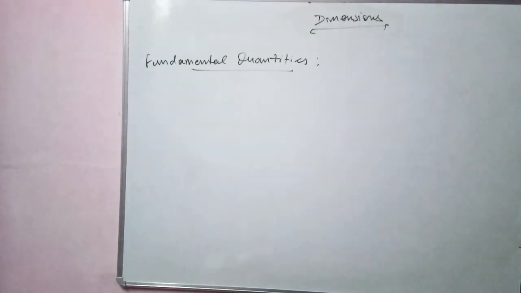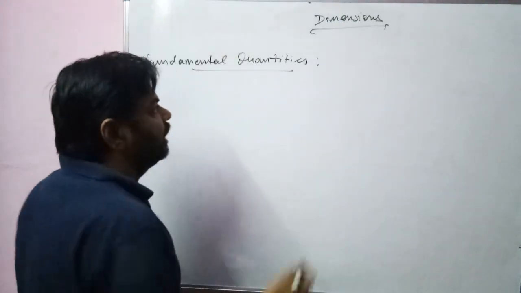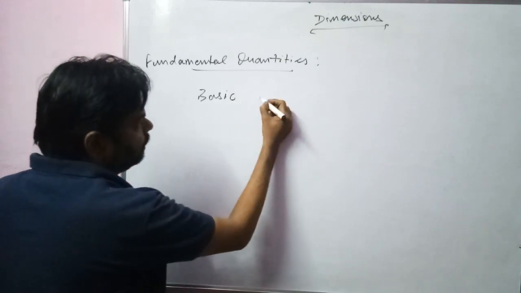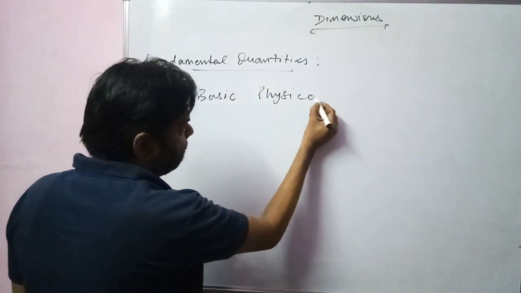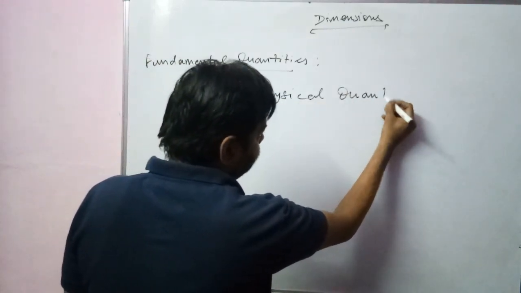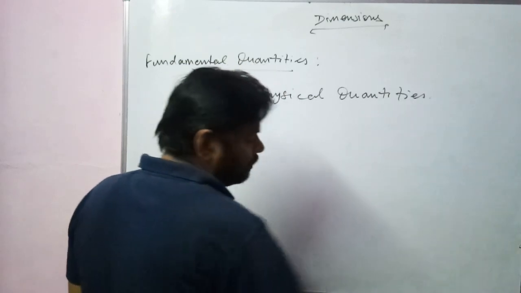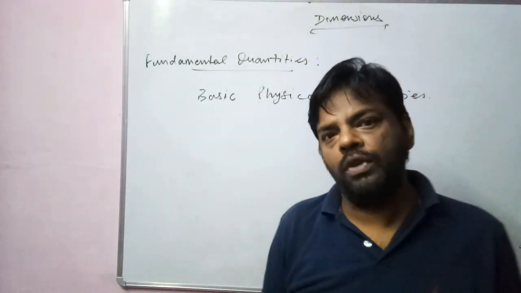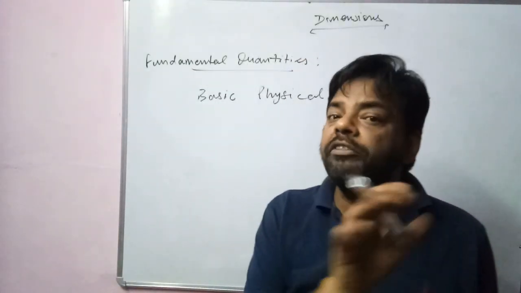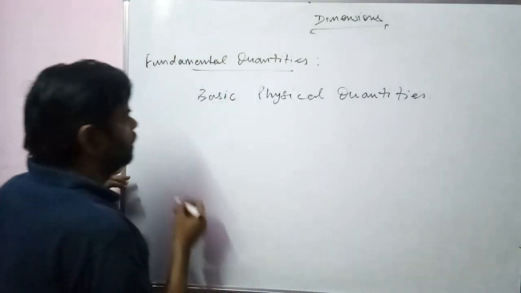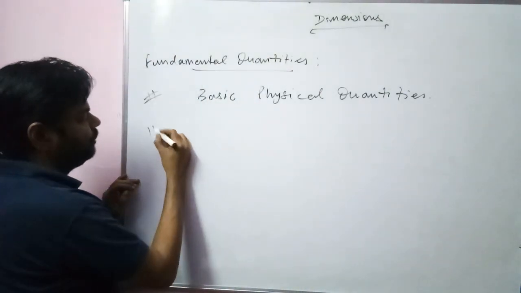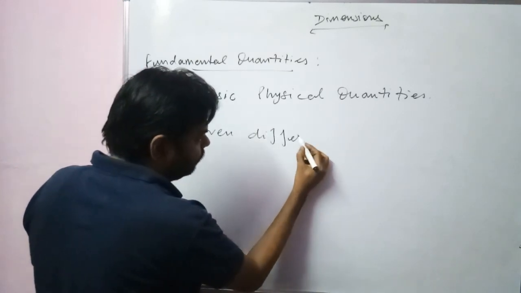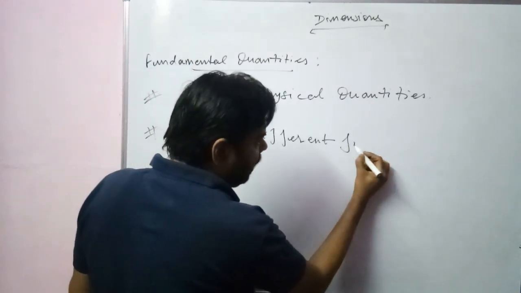So, I can say that the fundamental quantities, they are the basic physical quantities. Okay, students? And in actual, there exist 7 different fundamental quantities.